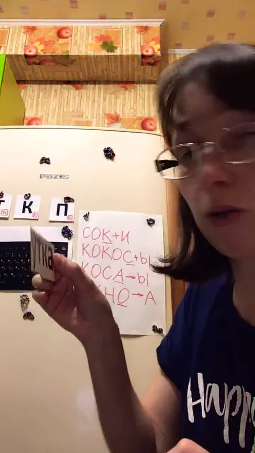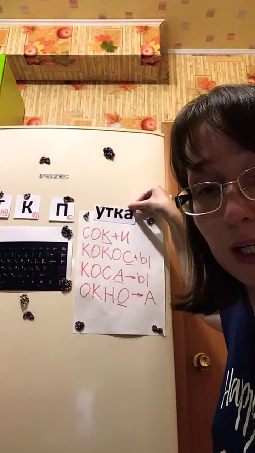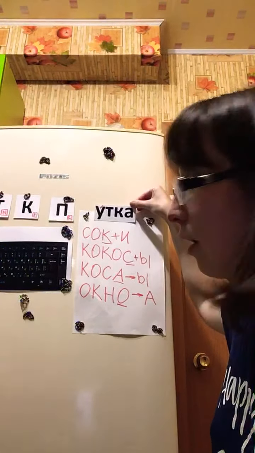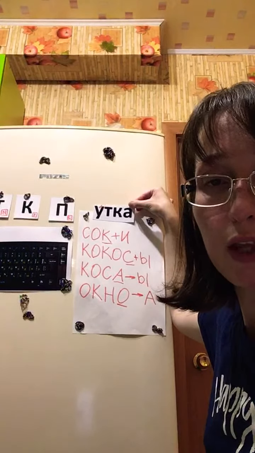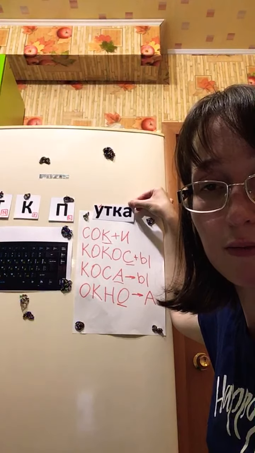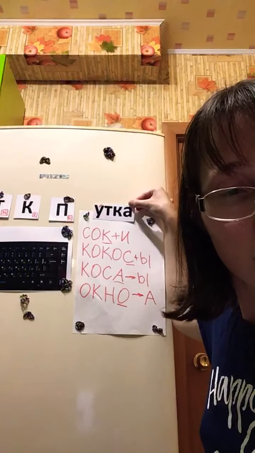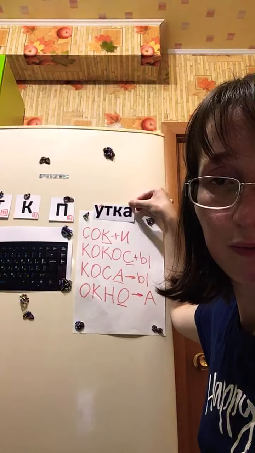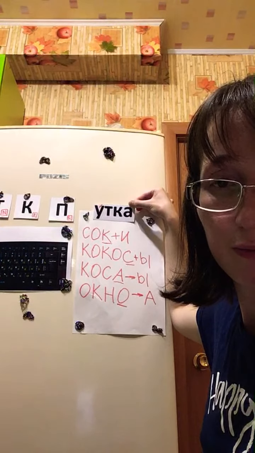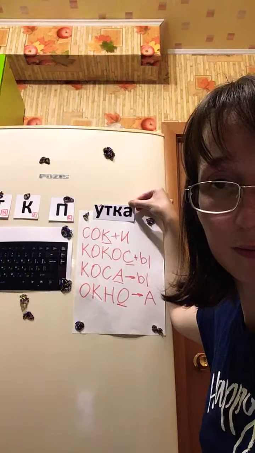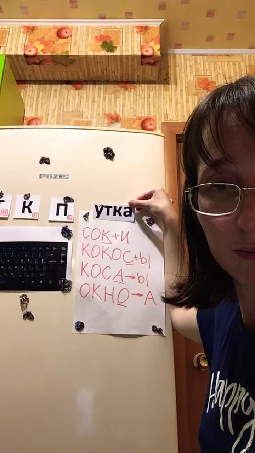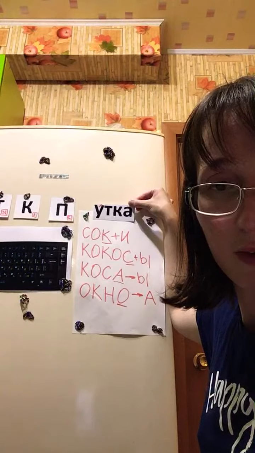The next word. Утка. A duck. What do you think about plural? Please pay attention. How do we get a plural noun? Ducks. What do we need to do? How do we get it?